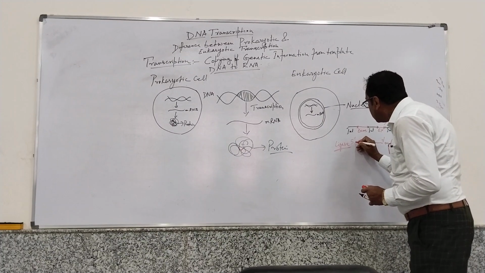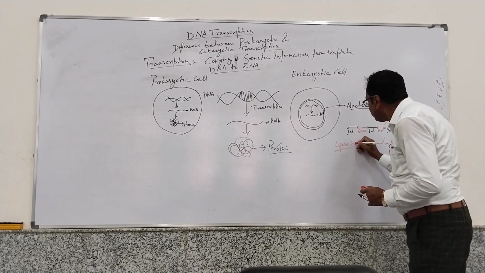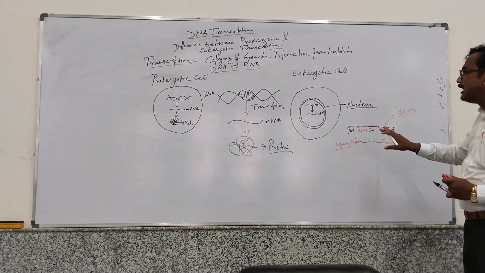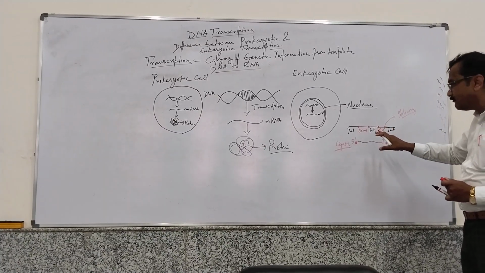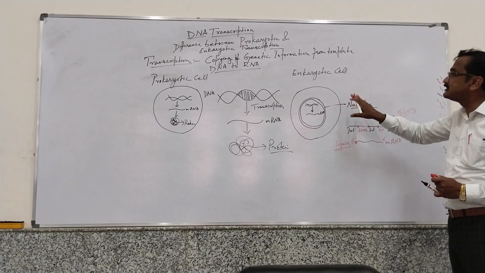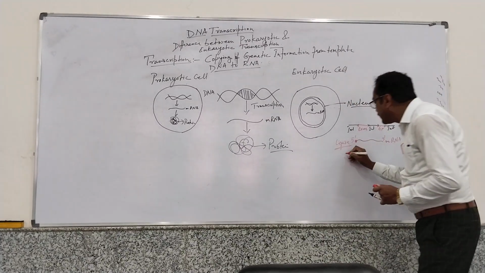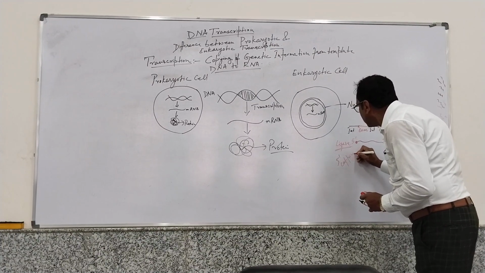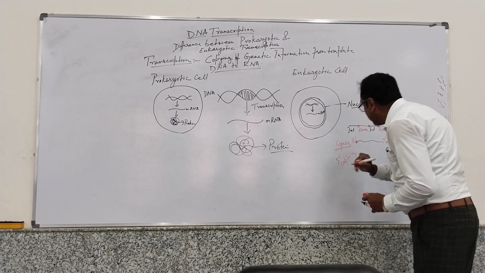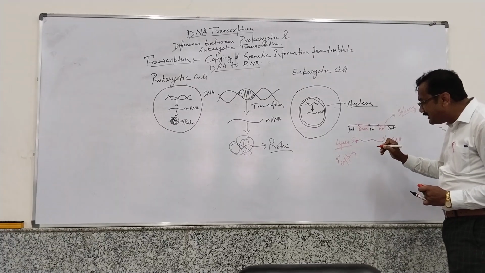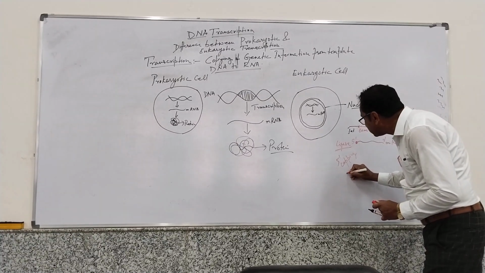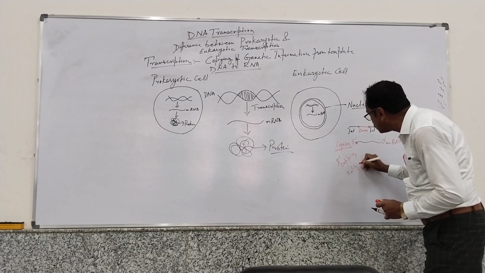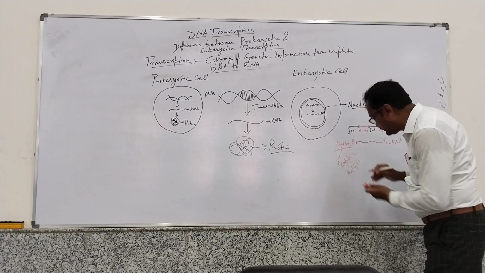Now a capping process is done. 5 prime capping. This is another important additional feature which is done in the case of the eukaryotic cell. 5 prime capping. And this capping is nothing but 7-methyl guanosine triphosphate.